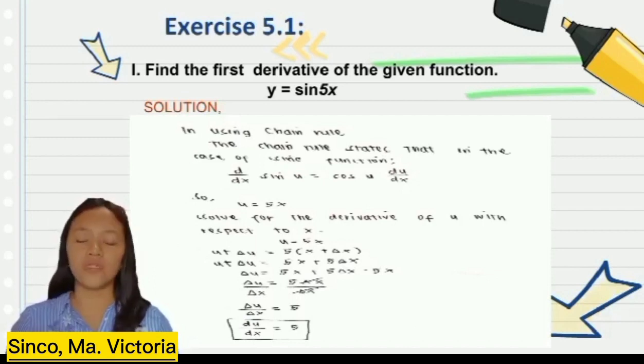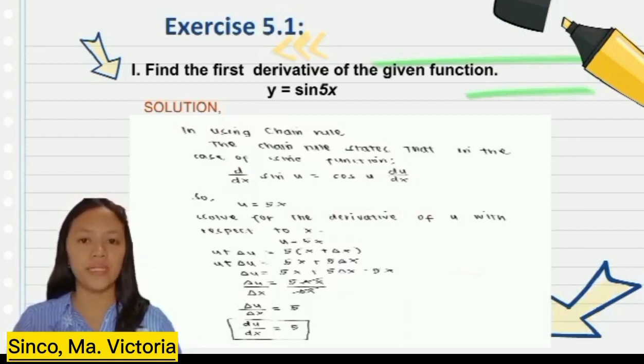So the inside function is 5x, or u is equal to 5x. Now, let's solve for the derivative of u with respect to x. u is equal to 5x. u plus delta u is equal to 5 times x plus delta x, which is 5x plus 5 delta x.